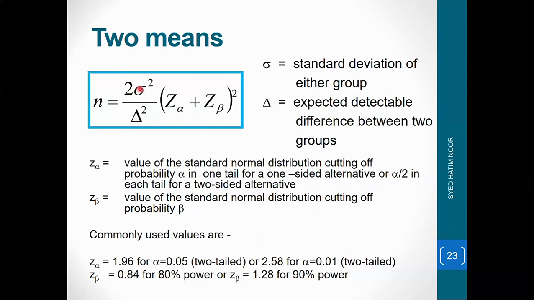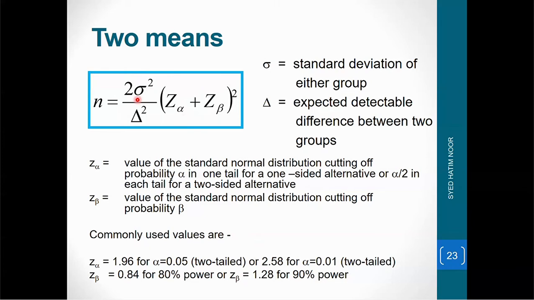The only thing left is the standard deviation. Remember, you have two groups now. One is the radiation in the CT scan, another is the standard deviation of the radiation in the MRI. You have two means, so you have two standard deviations. Which standard deviation do you need to choose?